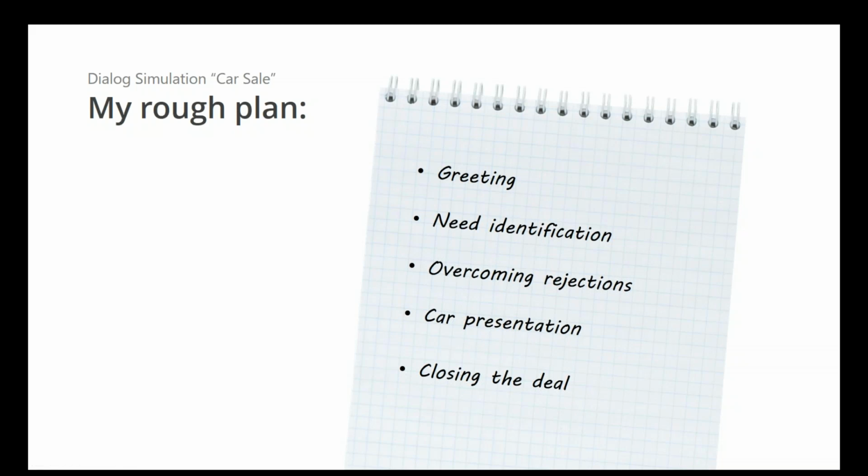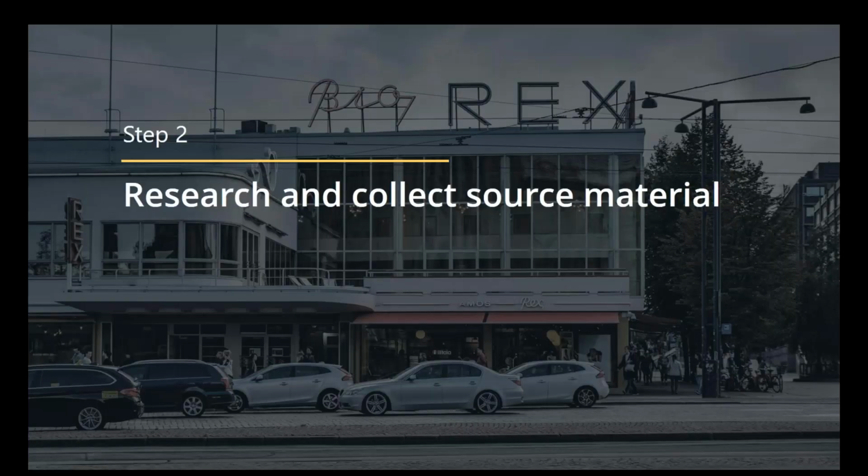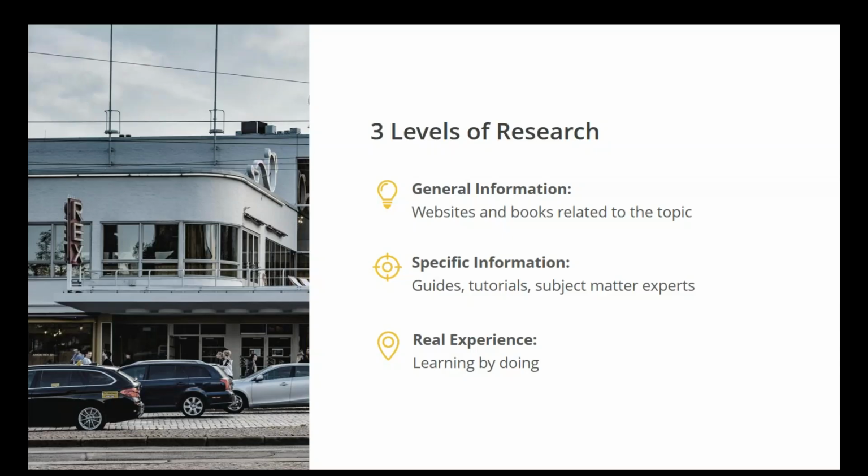So this moves us to the next step, research and collecting source material. Well, you know that content is king. So in order to create a realistic content item, we need to collect a lot of real information, facts, specific details, etc. So my first step was obviously internet research.